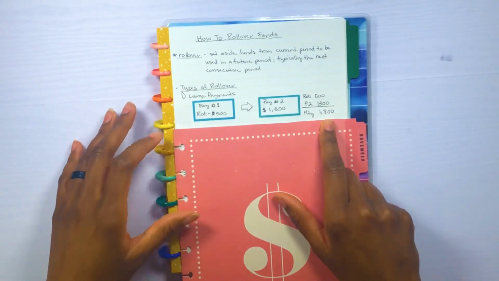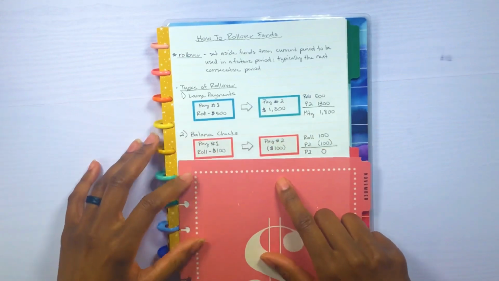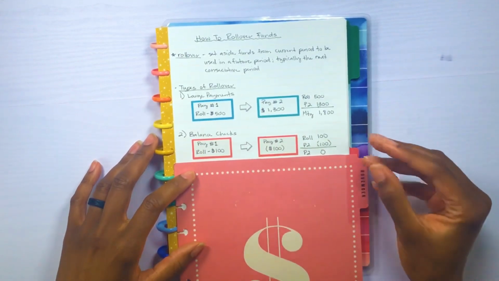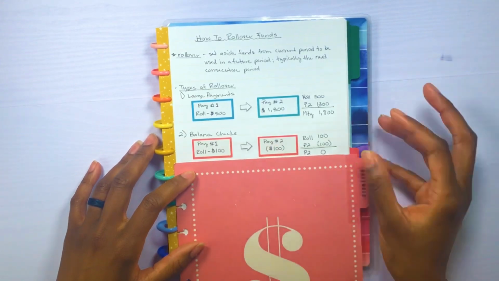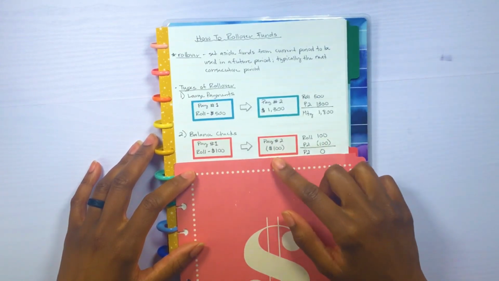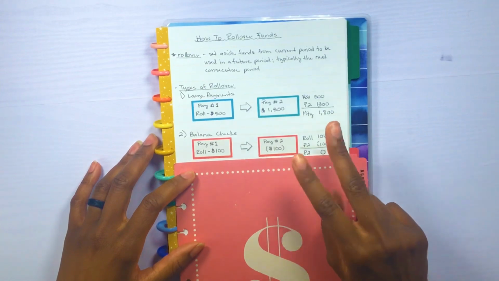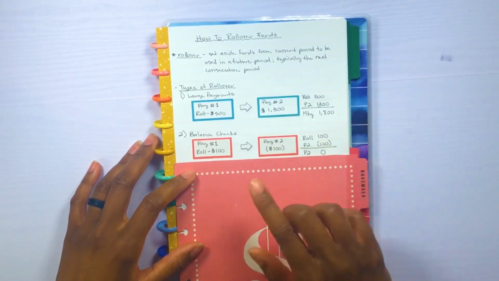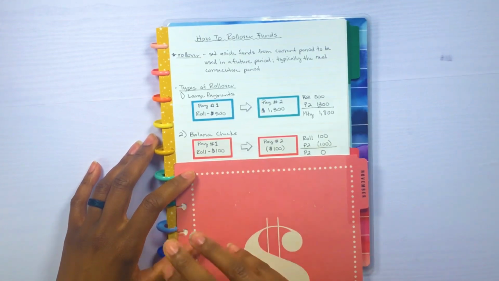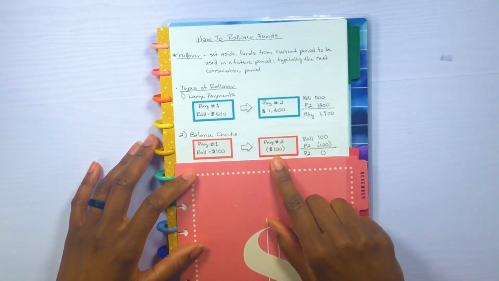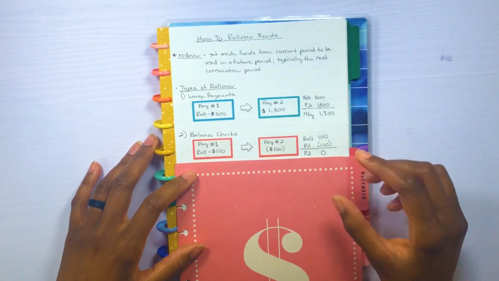The next type of rollover that I know of is when you want to balance checks. Say you're doing your budget for the month, and you see that paycheck number two is going to be short $100. So in paycheck number one, you're going to set aside $100 to roll over to paycheck number two, so that paycheck number two is now balanced.